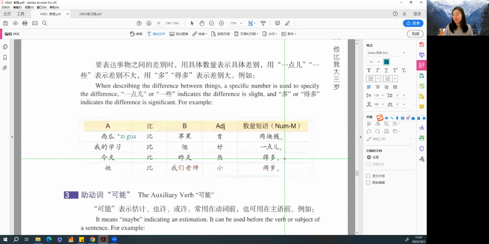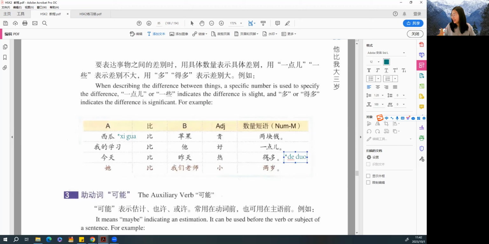Okay, so here is 得多. The pinyin is 得多. Oh, sorry. 多 here, 得多. 今天比昨天热得多, which means today is much warmer than yesterday. So it's an extreme amount. Probably yesterday was snowing, and then today is like 40 degrees.